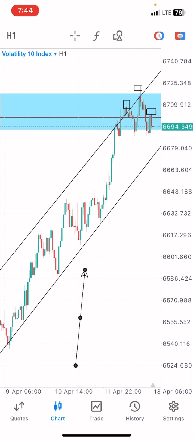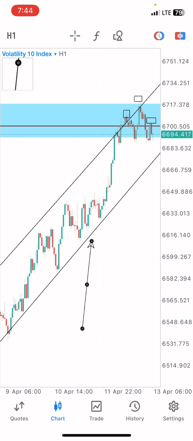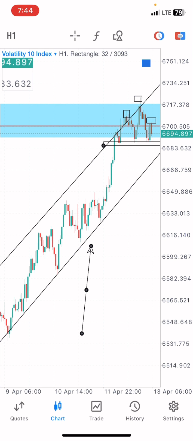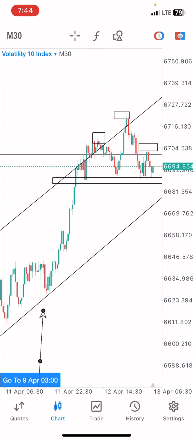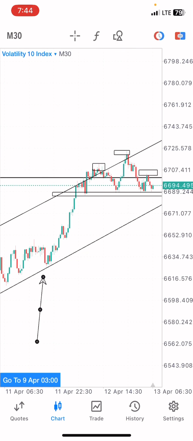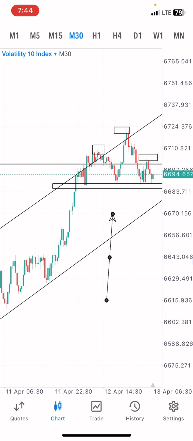This is a very neat formation. We have a neckline at this point which we shouldn't overlook, because this neckline is a very important level in the market as well. So on the 1 hour time frame, let's go to the 15-minute time frame.